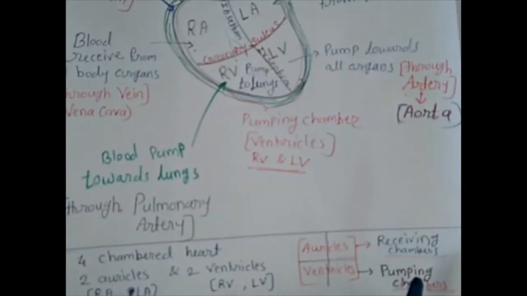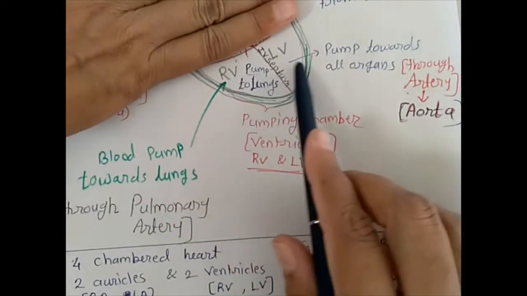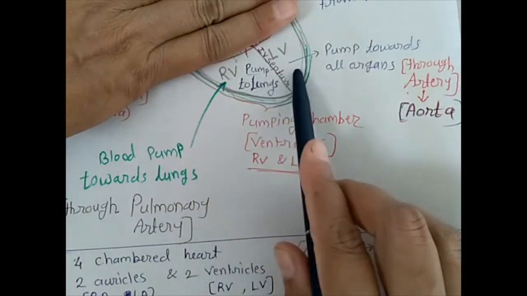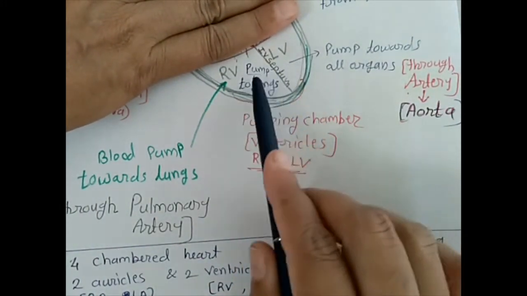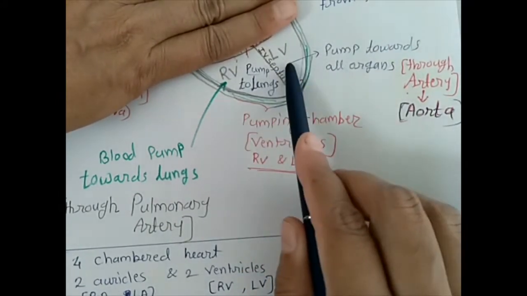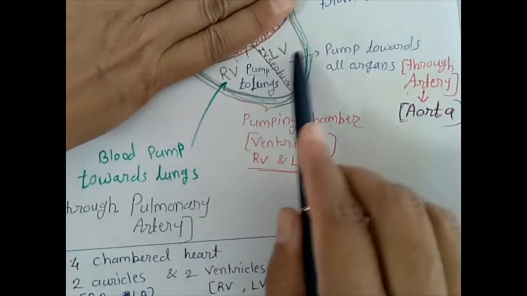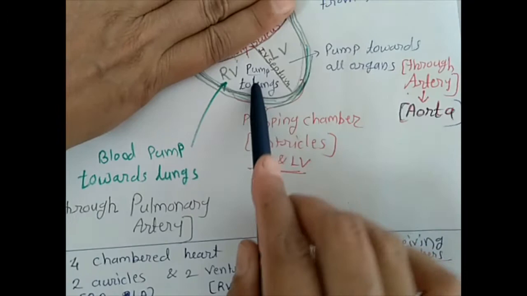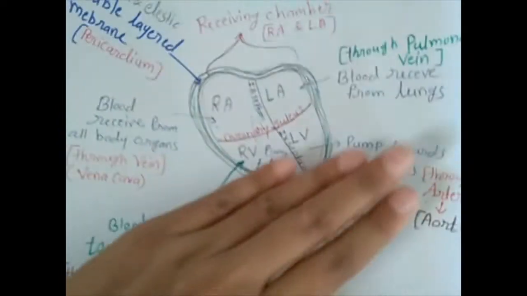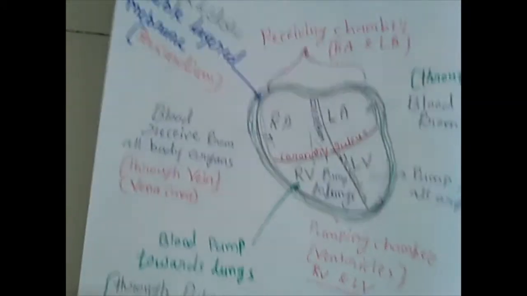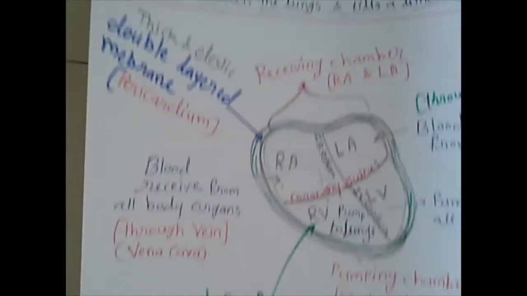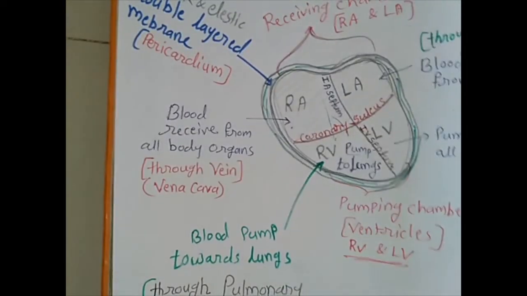So the lower portion of the heart, the ventricle, works as the pumping system of the blood, and the upper part is for receiving blood. That is very important. We will see it in detail.